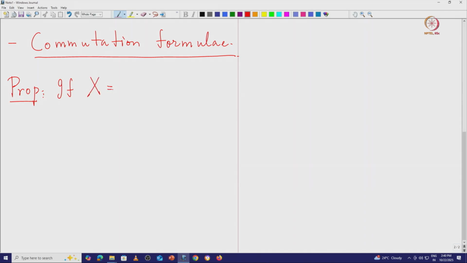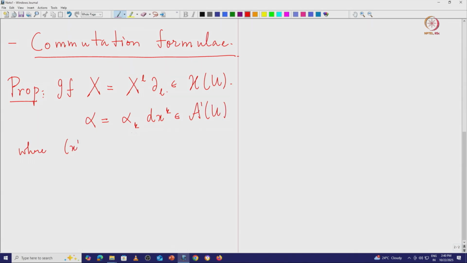Suppose in some local coordinates I have a vector field that looks like X^l ∂_l, so this is some local vector field, and I have a local 1-form that has this expression alpha = alpha_l dx^l, where x^1 up to x^n are some coordinates, not necessarily normal, just some coordinates on this neighborhood U. Then we have the following commutation formulae.